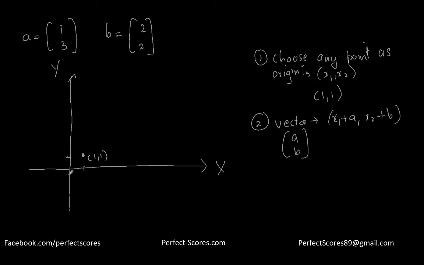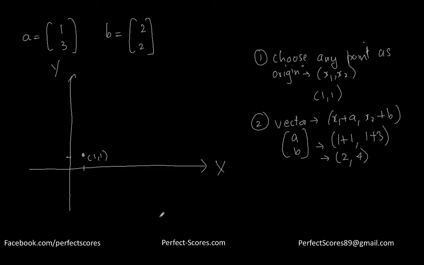So if this is (1, 3), your new vector will go from (1, 1) to (1 + 1, 1 + 3). That means the destination of your vector would be (2, 4).